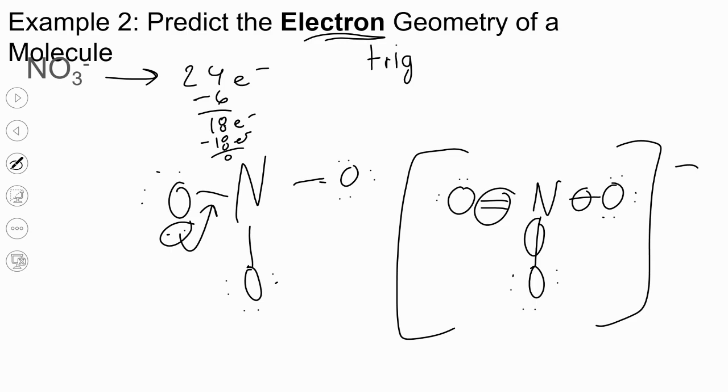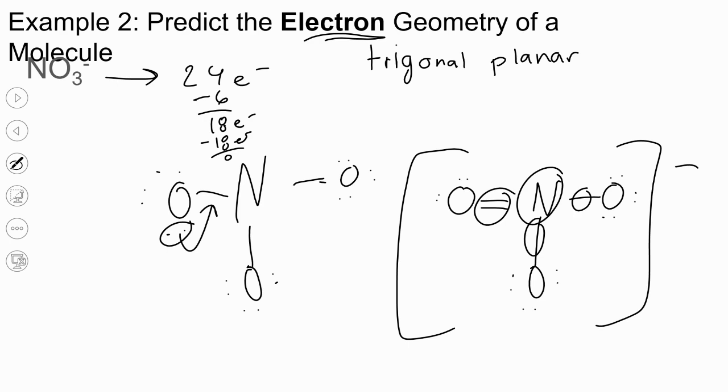They're living in the double bond, so a double bond is only one electron domain. But remember, we only look at the central atom for the geometries. So this one is trigonal planar.